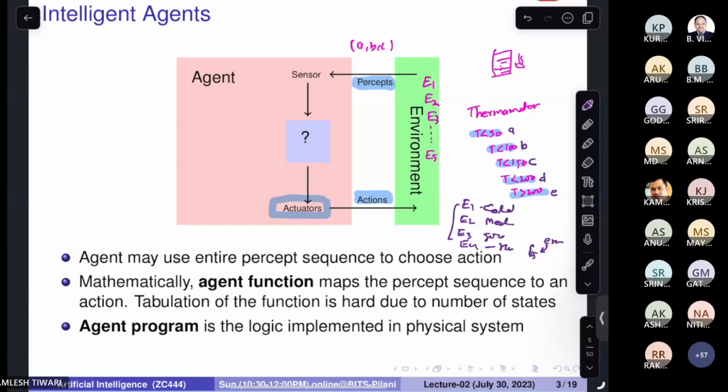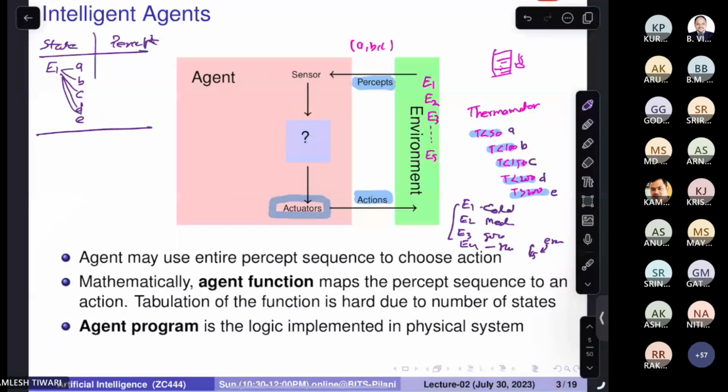Okay. So let's assume that it is an environment state, let me write state and percept. So in a given state, if I get A, B, C, D, E, are all these percepts possible?